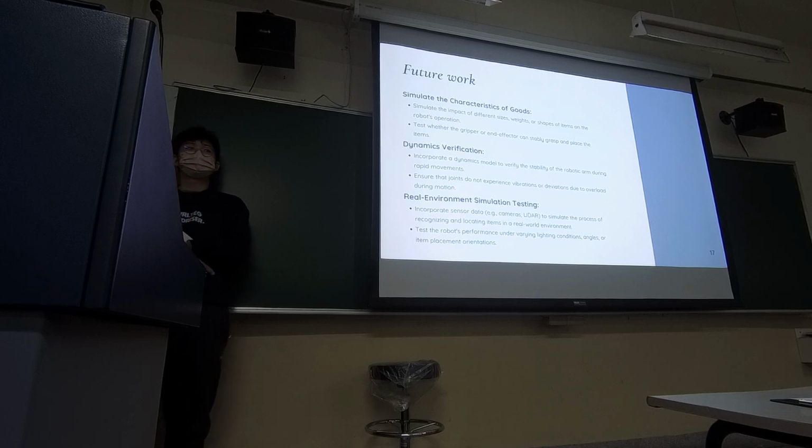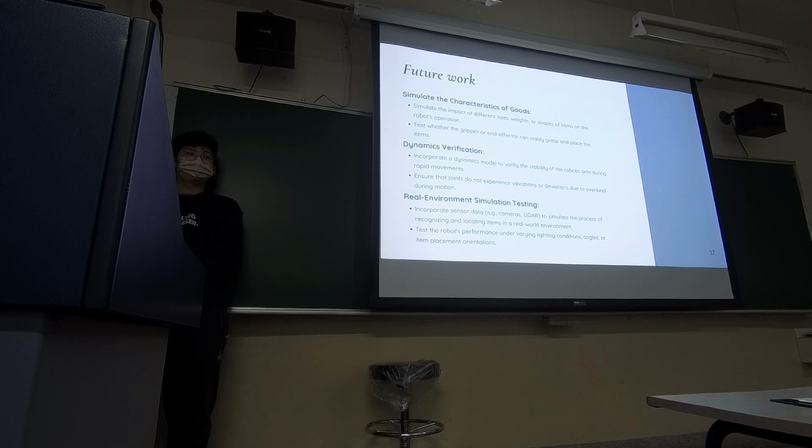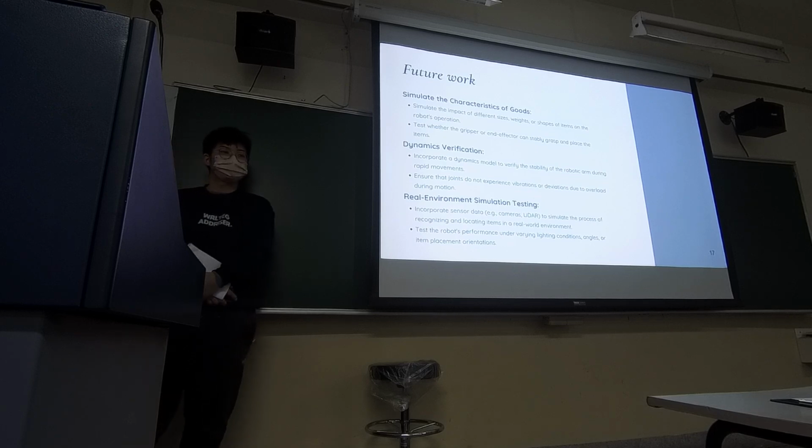Then we can incorporate sensor data like cameras and LiDAR to simulate the process of recognizing and locating items in a real-world environment, and test the robot's performance under varying lighting conditions, angles, or item placement orientation.